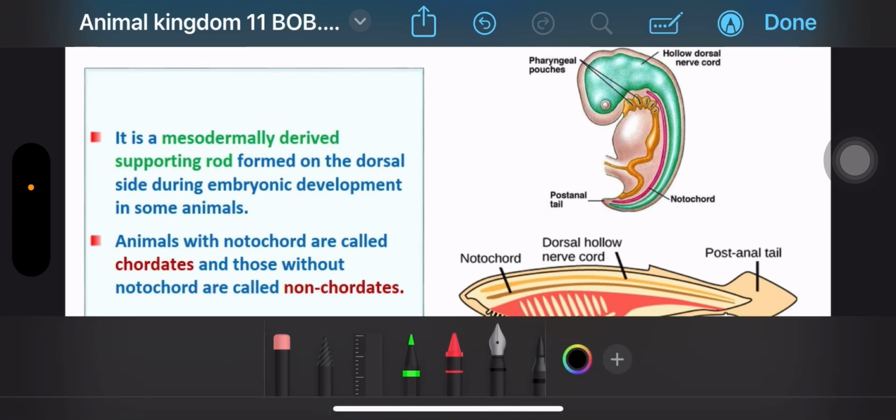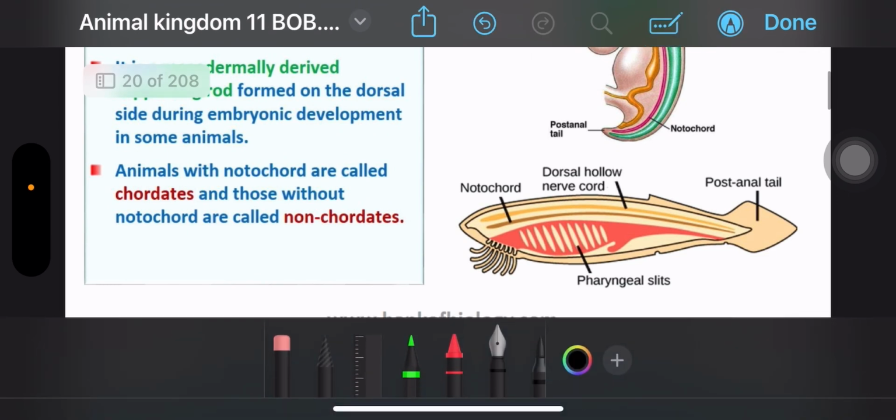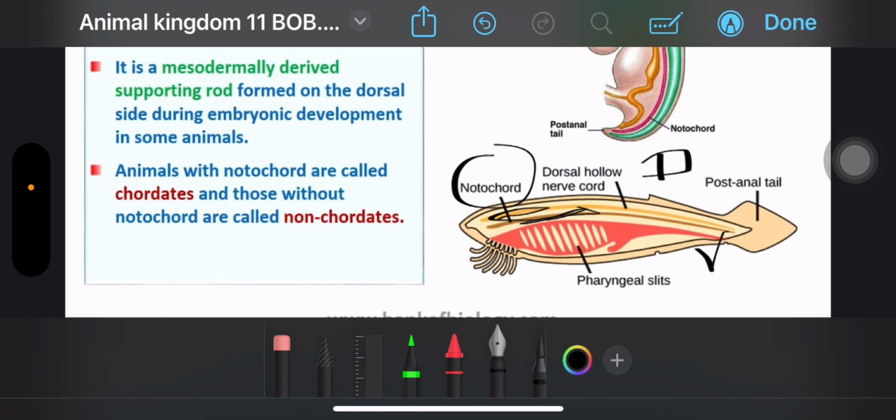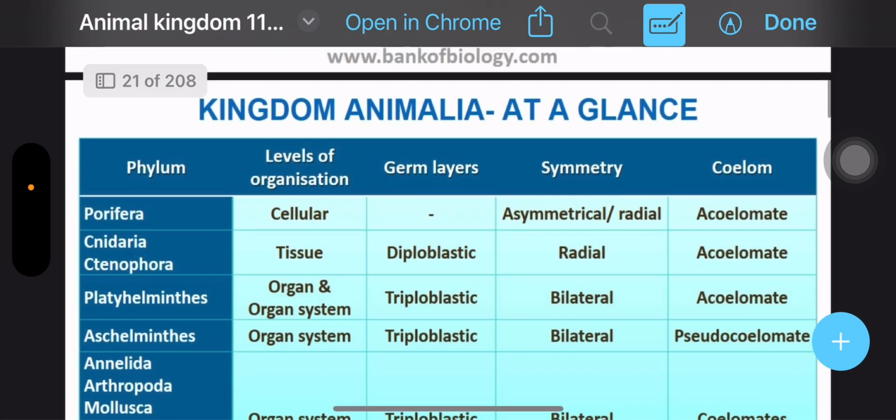See in the picture, the embryonic stage is given here. This is the notochord. What is the line here? Notochord, right? Where is it? Dorsal, not ventral, a dorsal rod-like structure. This is called chordata, and those not having it are called non-chordates.